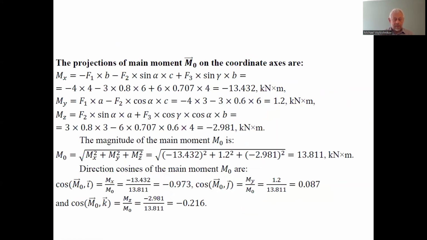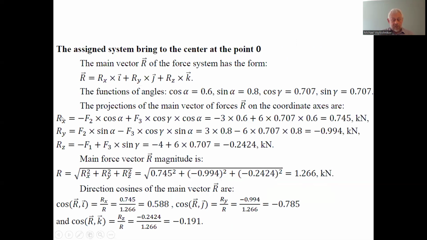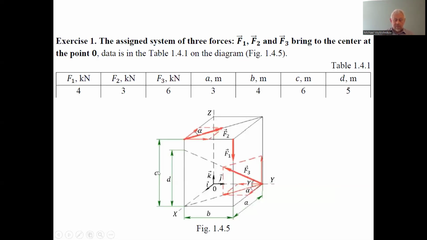And the same we can find projections on the z-axis as well. So on the z-axis, force F1 does not impact the moment relative to the z-axis as force F1 is parallel to the z-axis. The F3 we decompose first onto the vertical component and the horizontal one in the plane, by the diagonal of this projection rectangle.